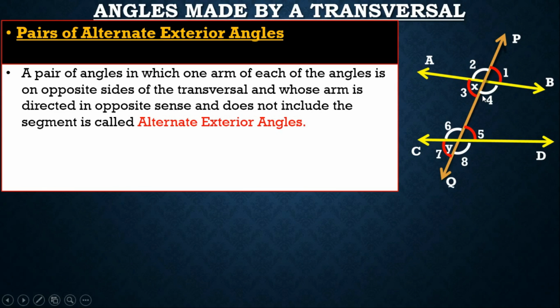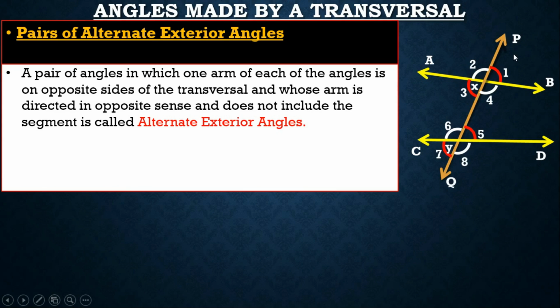Also, one arm is on the opposite side of the transversal and the other arm is directed in the opposite direction, and hence angle PXA and angle QYD are one pair of alternate exterior angles. Also, these two angles are lying outside the two coplanar lines, and hence angle 2 is alternate exterior angle to angle 8.